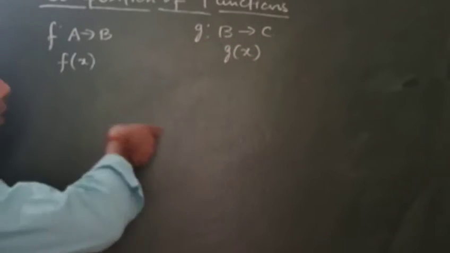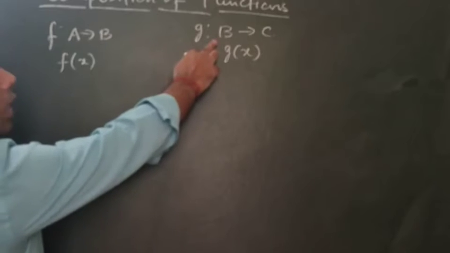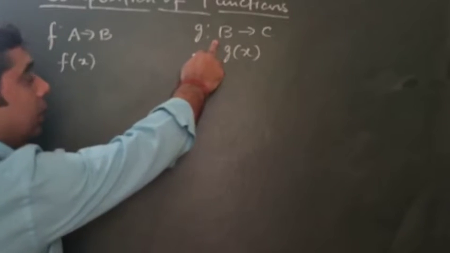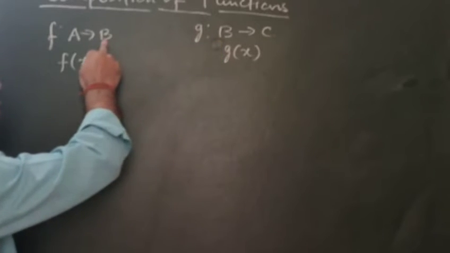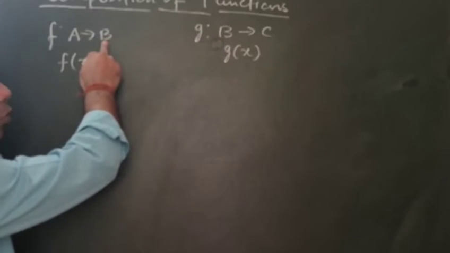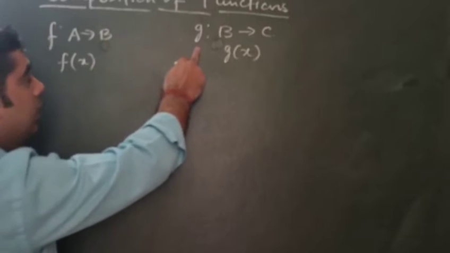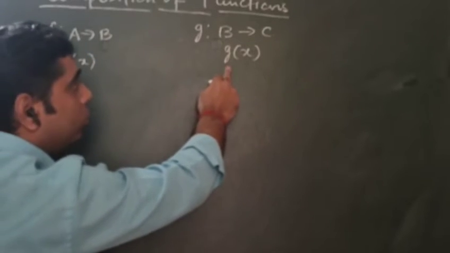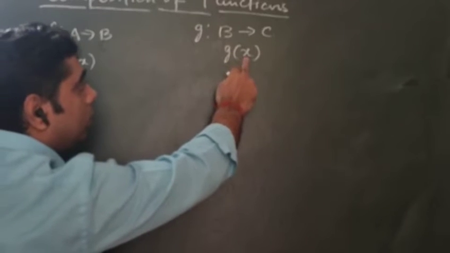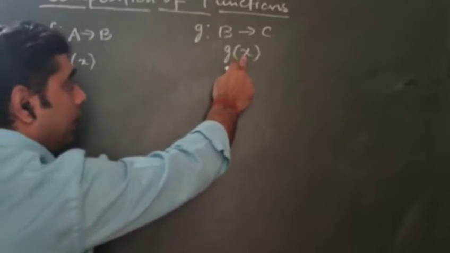Here you can see that the domain of this function g is equal to the codomain of this function f. So you can write this function g in terms of f. What you have to do is put the whole function f(x) at the place of x.